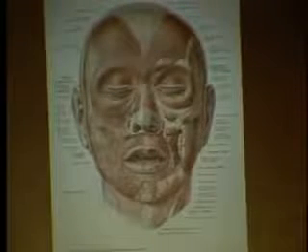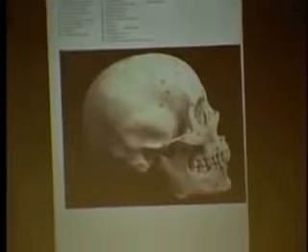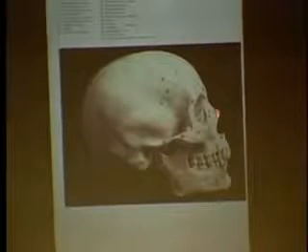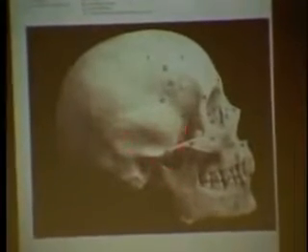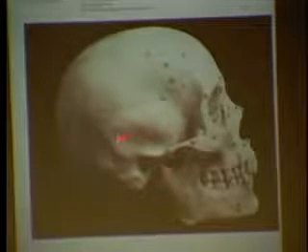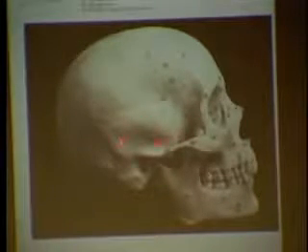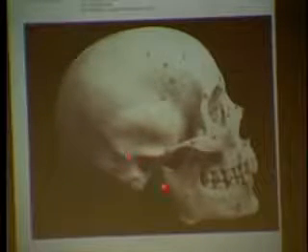All right, now we've got to go back to this one. Next slide. What two muscles close the jaw? What muscle is here? What's it called? Temporalis, sure. And what's the other muscle? Masseter. Is it here?